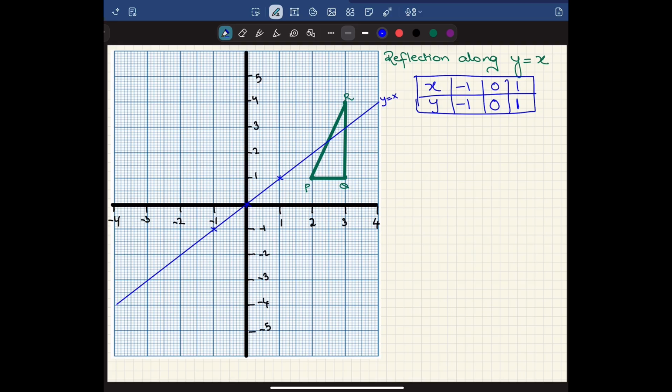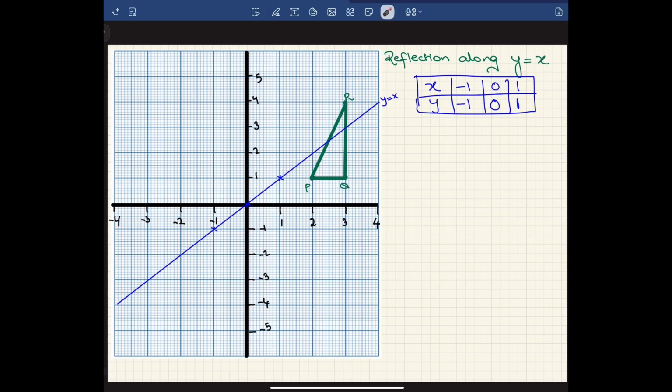Okay, so now since we have a slanting or sloping line of reflection, we are going to calculate the distance diagonally. Okay, so let's see. Let's first measure the distance between P and the line of reflection.